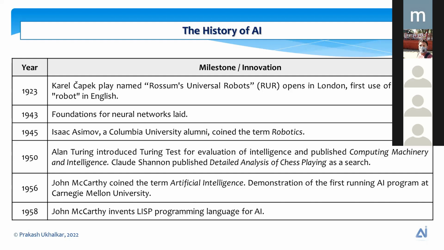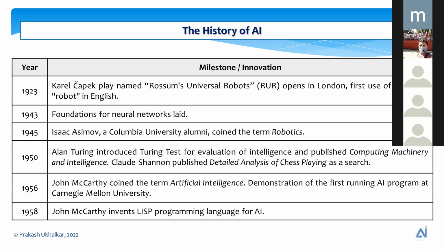Everybody was mocking Alan, saying machines can never think. But today we know what is happening around us, right? Then Claude Shannon published a detailed analysis of chess playing as a search algorithm.